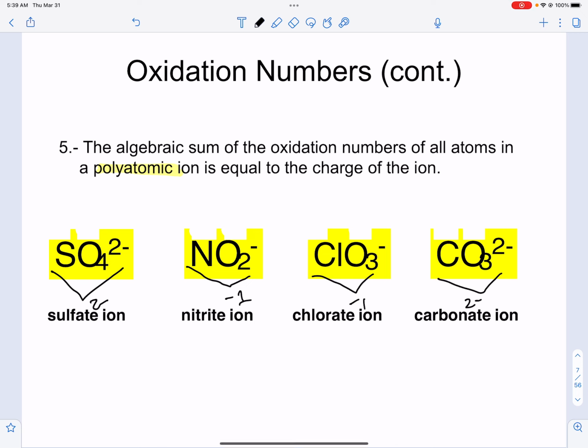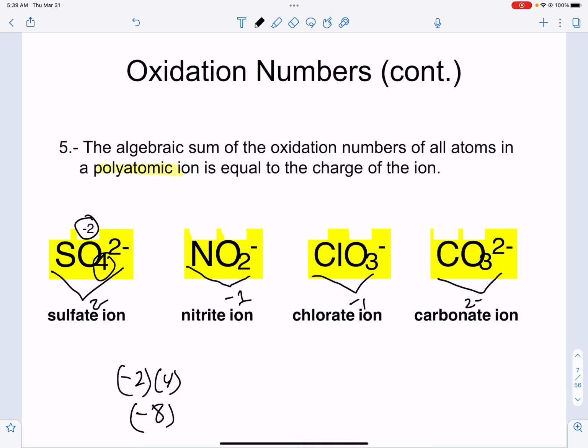And for that, we're going to use the rules that we know. So we know that oxygen is always -2. In this case, oxygen is -2, but there are 4 of them, which means -8.